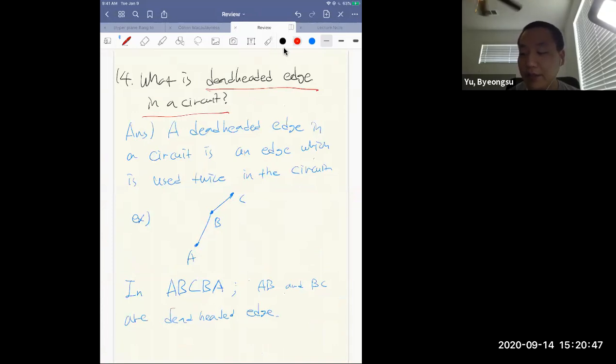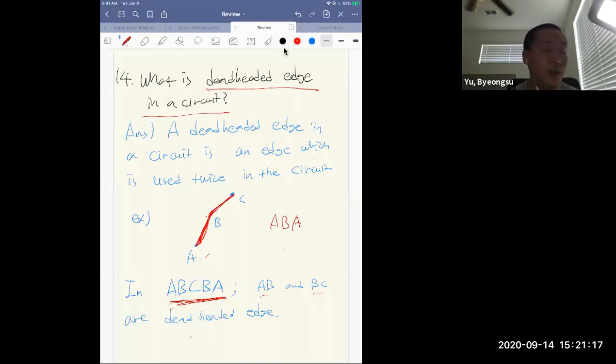For example, if you have a circuit like ABA, then it is just going to B and going back to A again, so it uses AB twice. And if you have ABCBA, then AB, BC, CB, BA, so both AB and BC are dead-headed edges.